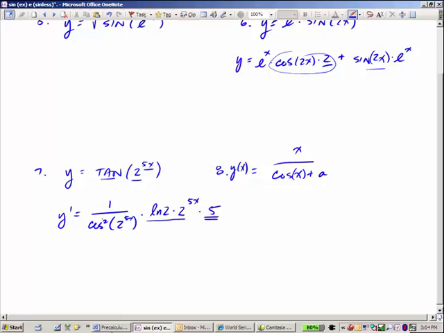Okay. Rachel? Yep. I have a question about... Oh, yes, go ahead. When it's stuff like this, are we ever going to have to take a second derivative of x? The gateway test is just going to be first derivatives.